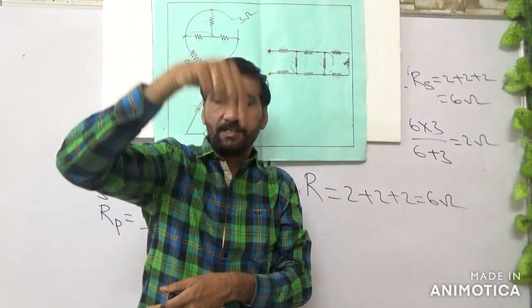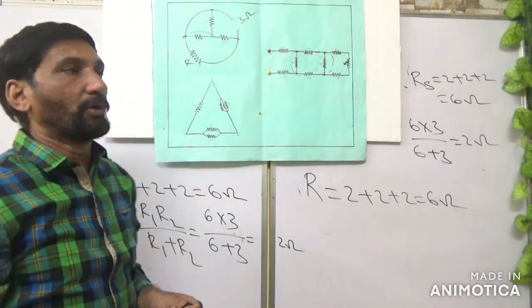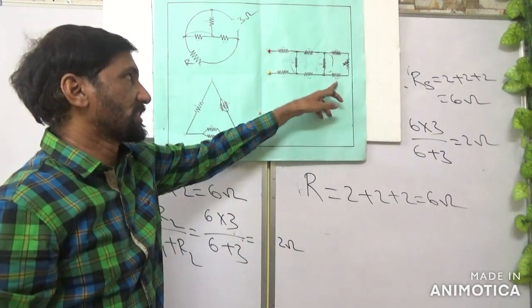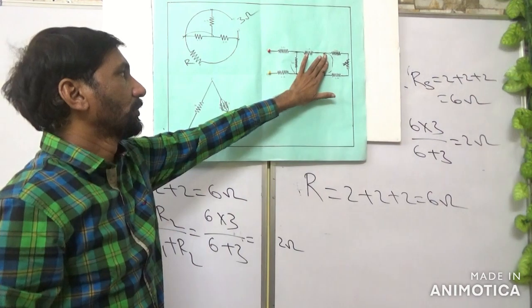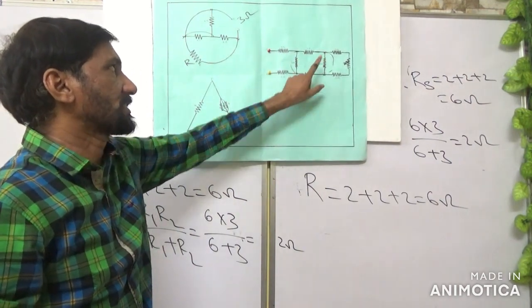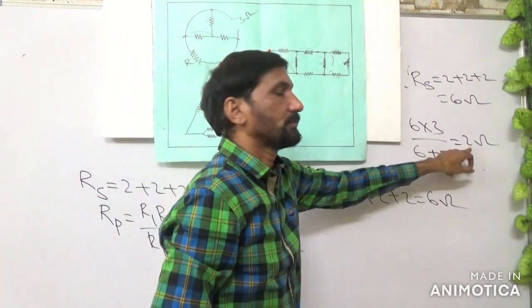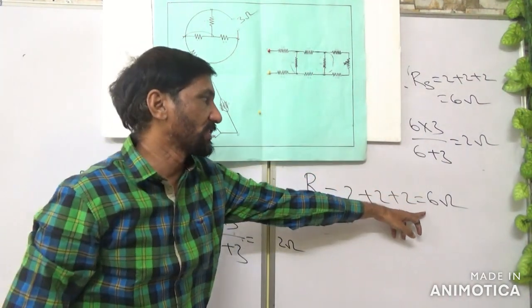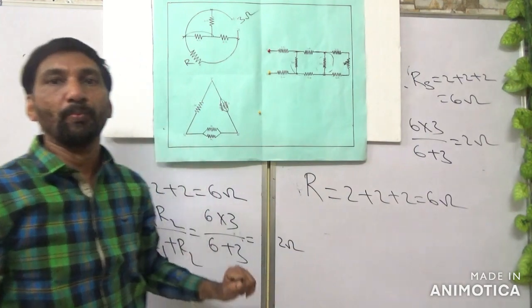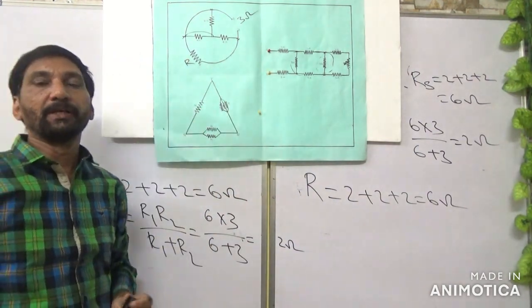Again 3 in series, next to it parallel. So 2, 2, 2 is 6, with 3 in parallel, you get 2. Again 2, 2, 2 is 6, next to it parallel, another 2. So 2, 2, 2. The effective resistance is 6 ohm between A and B.